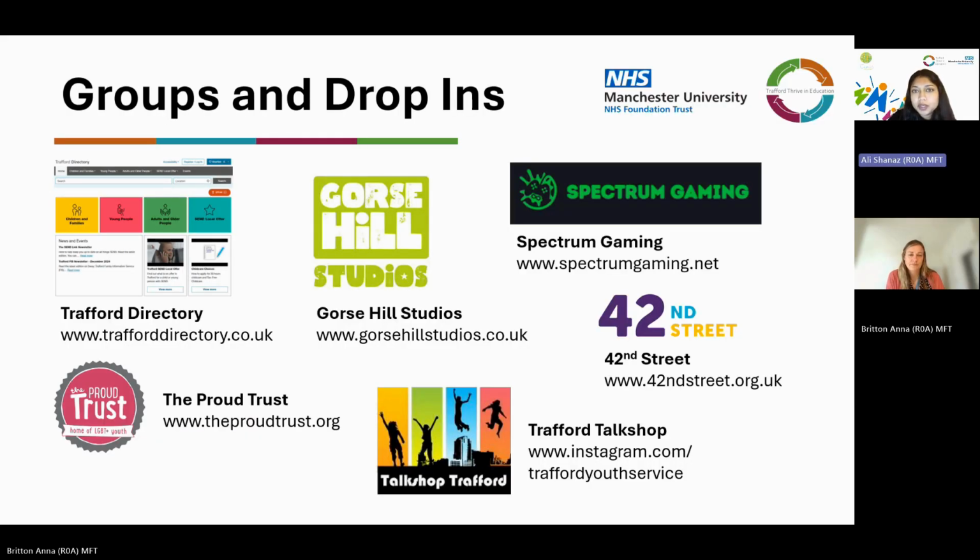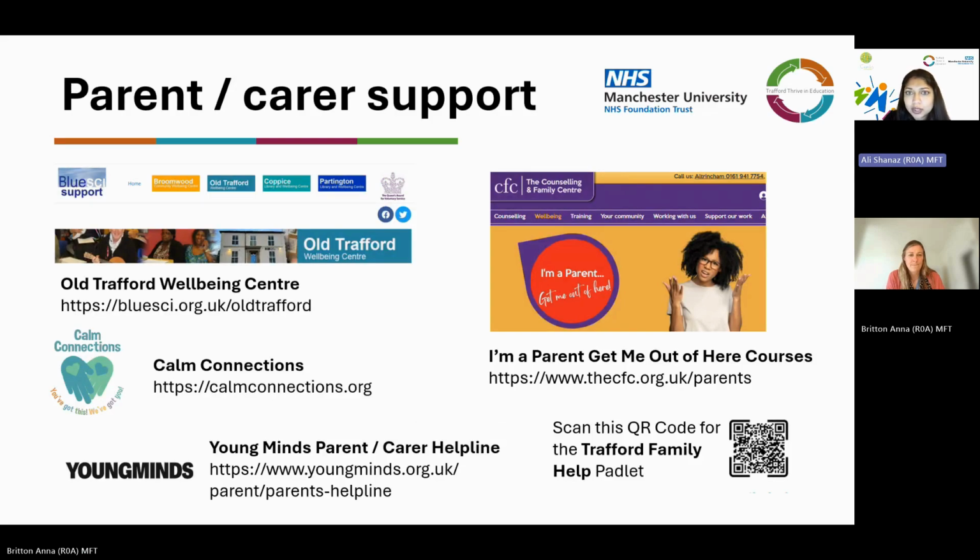There are also services that offer groups and drop-ins. So in the Trafford directory, you can access lots of different services and look through that. We've also got the Proud Trust, Gorse Hill Studios, and Trafford Talk Shop, which also offer drop-in services. So please feel free to look that up. 42nd Street as well, and Spectrum Gaming.